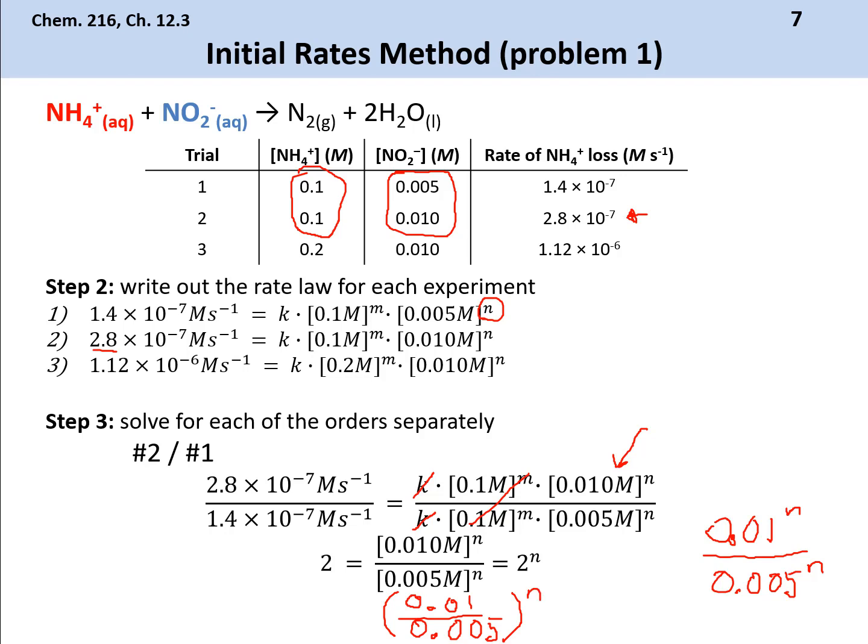That's based on math, right? So I can do that, and this gives me 2 equals 2 to the n.